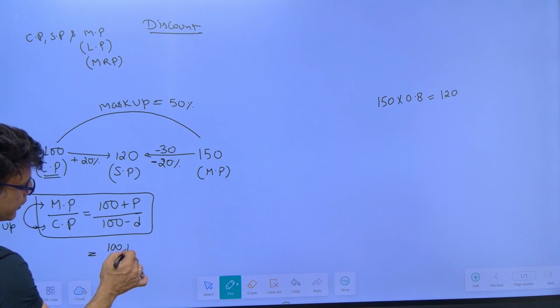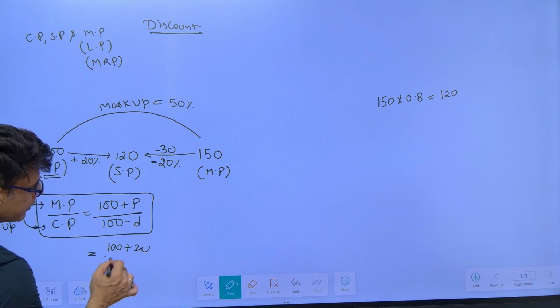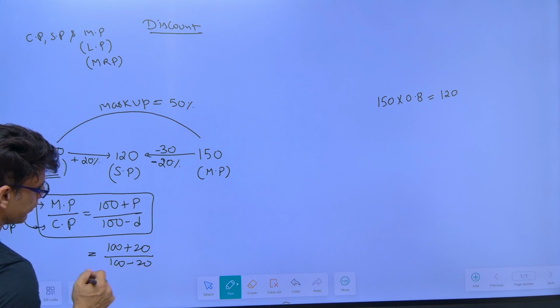100 plus profit is how much? 120, or not? 100 minus discount is 80. Right?